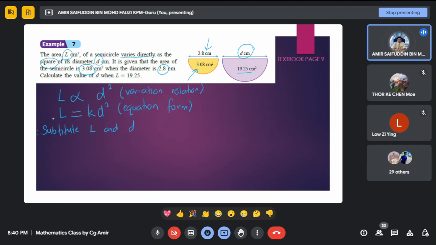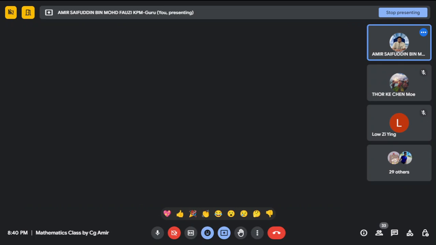From the equation form, L now is 3.08 equal K, D now is 2.8, in bracket, 2.8 power of 2. That's how we substitute the value for L and D, using the first situation.